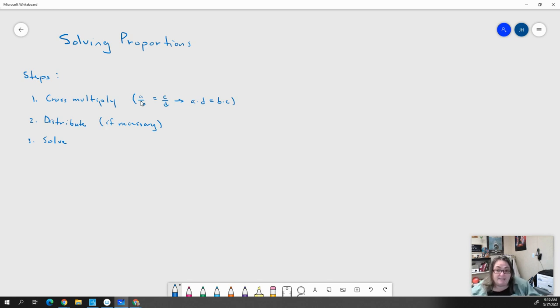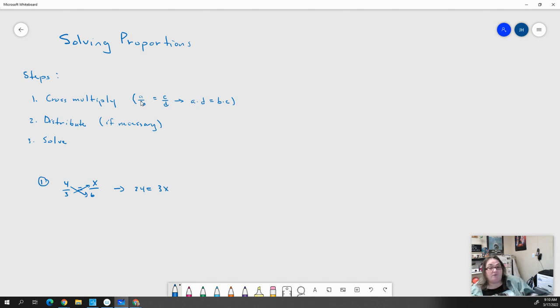So in the simplest of terms, if I had a problem, say 4/3 equals x over 6, when we went to solve that, we would have 4 times 6, which is 24, equal to 3 times x, which is 3x.